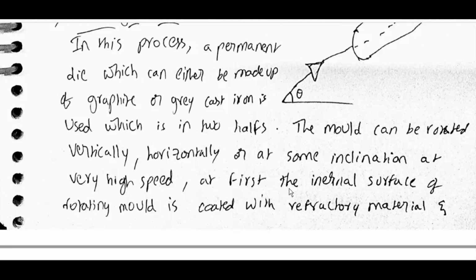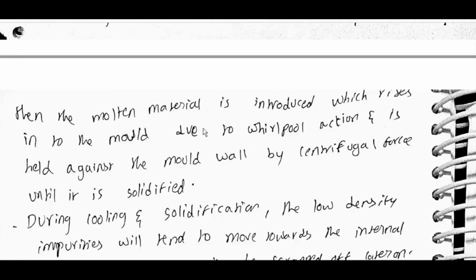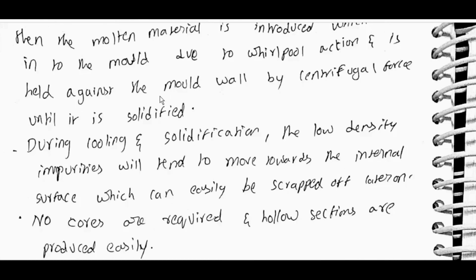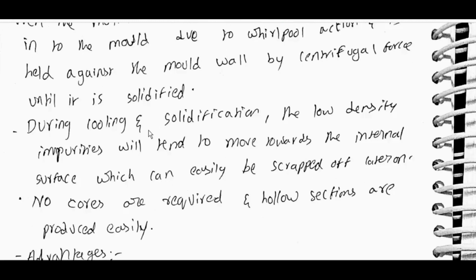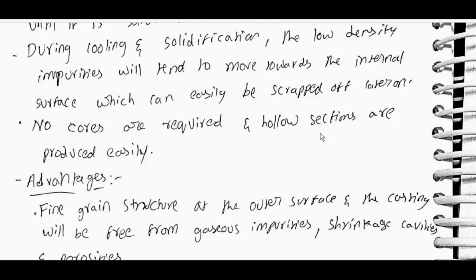At first, the internal surface of the rotating mold is coated with refractory material, and then the molten metal is introduced, which rises into the mold due to whirlpool action and is held against the mold wall by centrifugal force until it solidifies. During cooling and solidification, the low density impurities tend to move towards the internal surface, which can easily be scraped off later on. No cores are required and hollow sections are produced easily.